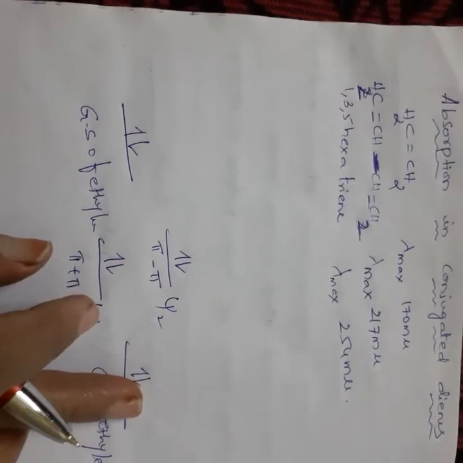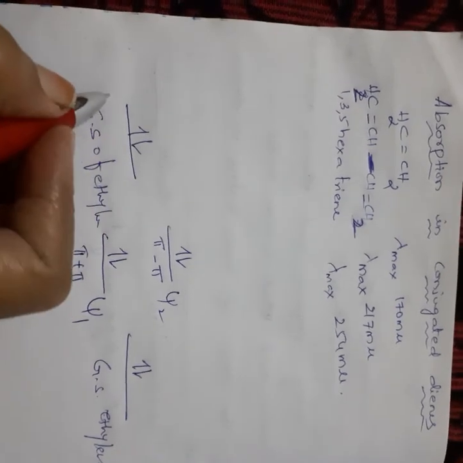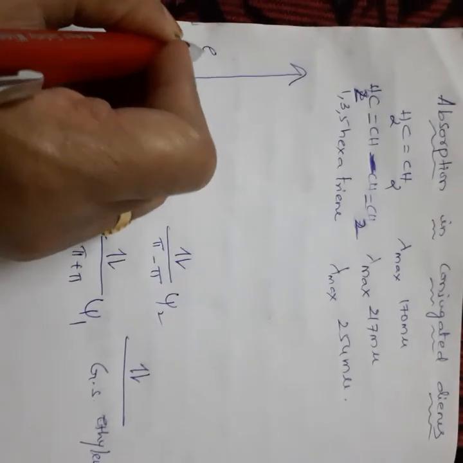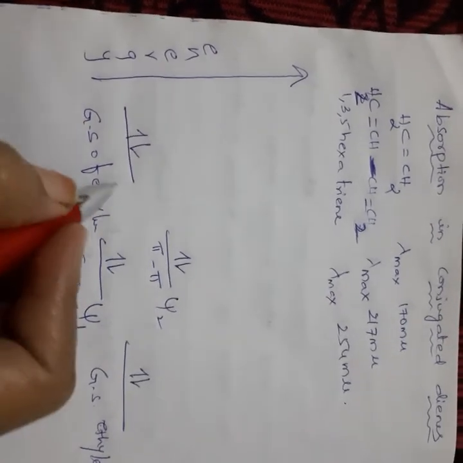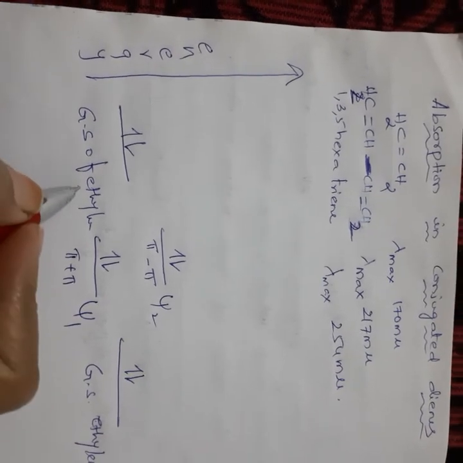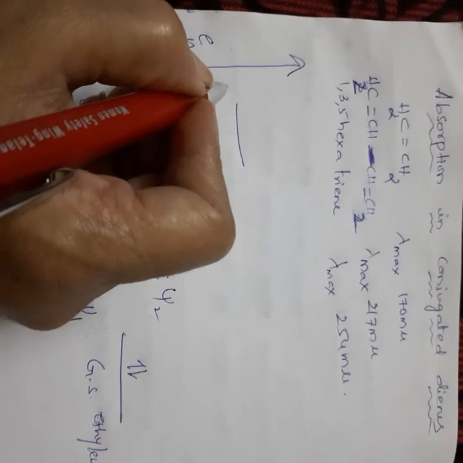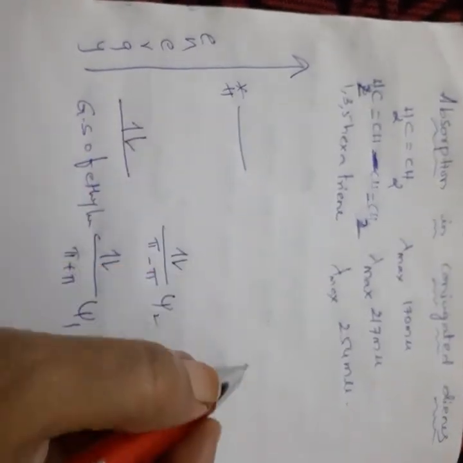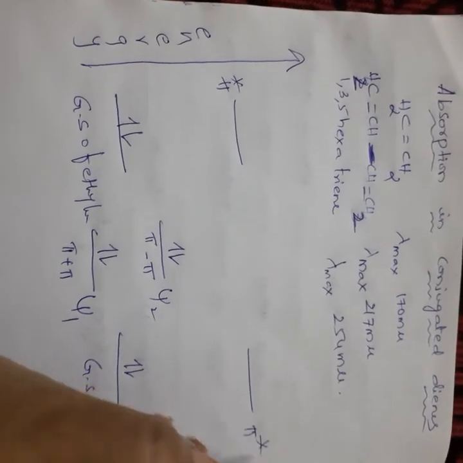Because there are four electrons altogether, we arrange the four electrons like this. Now let us suppose this is the increase of energy. This is the ground state of ethylene. Now I am writing the excited state of ethylene, that is pi star of ethylene, and this is also pi star of the second ethylene.